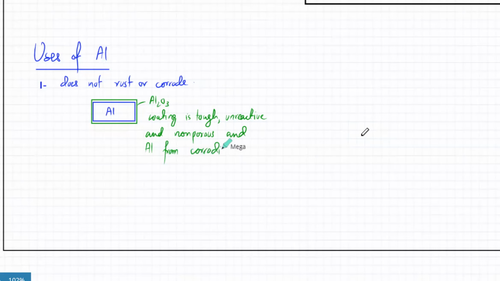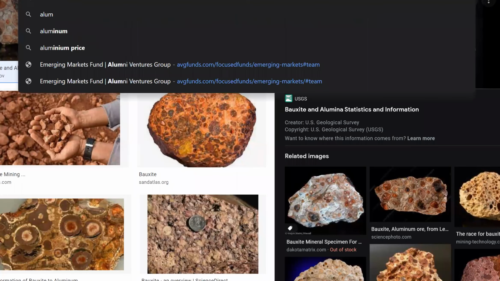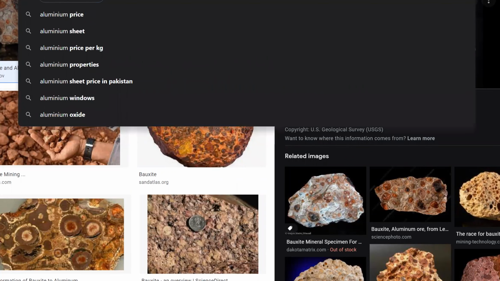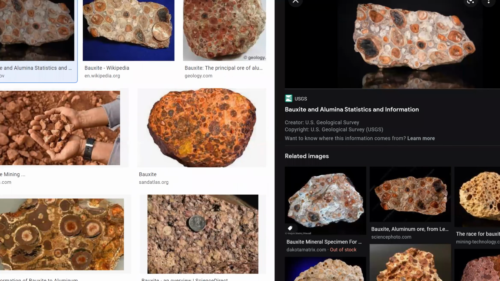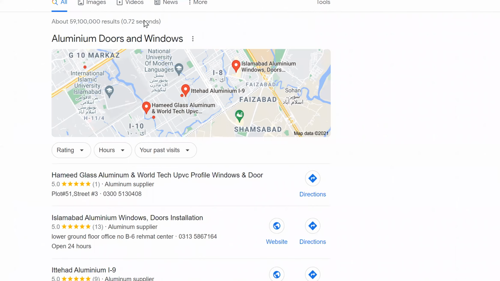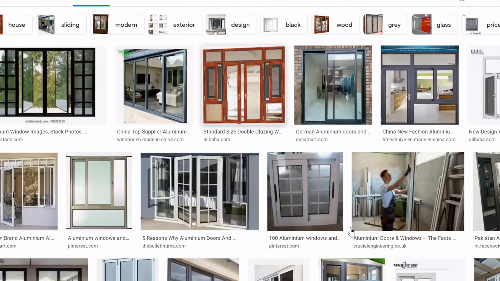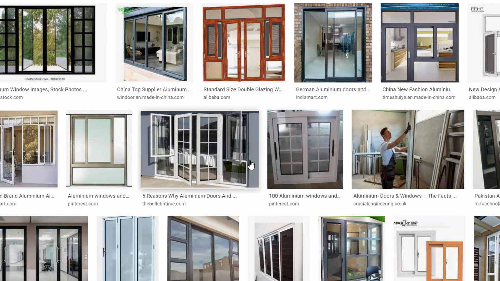So you might have seen aluminium doors and windows, which we can just Google. Aluminium doors and windows are very often used. Previously they used to make steel windows, like the old-fashioned ones.